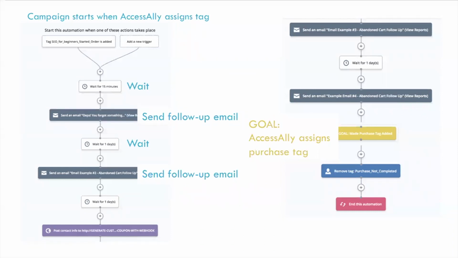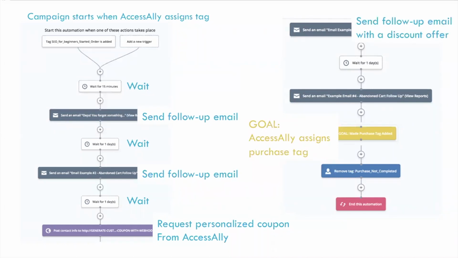And then there is another day wait, and at that stage, this is a special feature for AccessAlly, we request a personalized coupon from AccessAlly. When the request happens, AccessAlly creates a coupon that can be used only by this contact, and it expires in 48 hours. The coupon code is pushed into ActiveCampaign so that it can be embedded in an email.